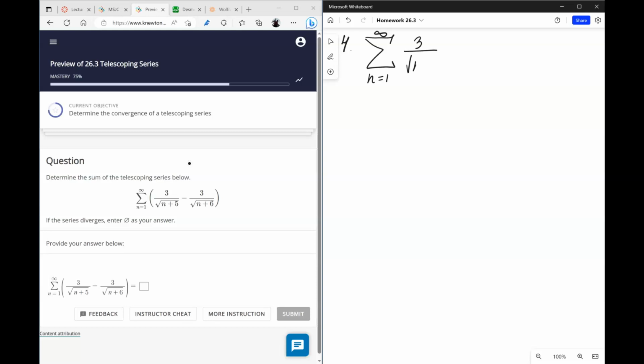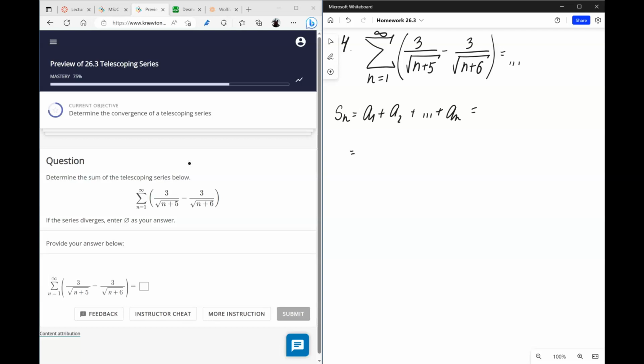Another problem. This is a telescoping series. So we're going to find the sequence of partial sums. It's going to be the first element, the second, up to n.